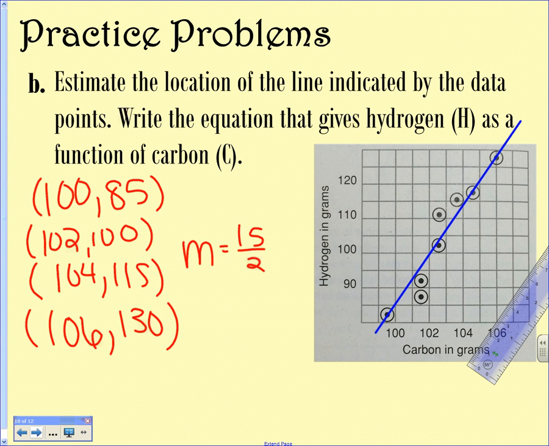So you should get H equals 7.5 C minus 665.